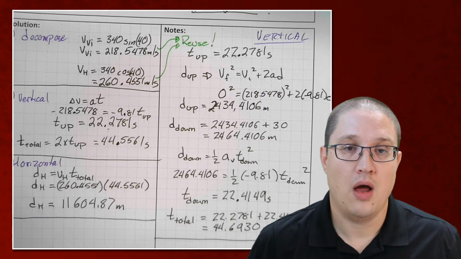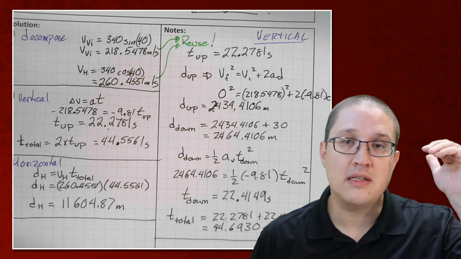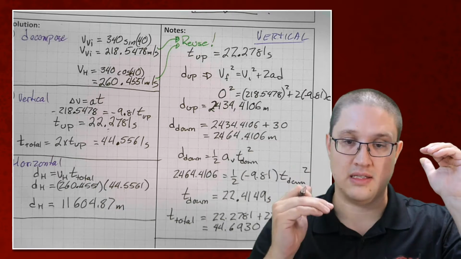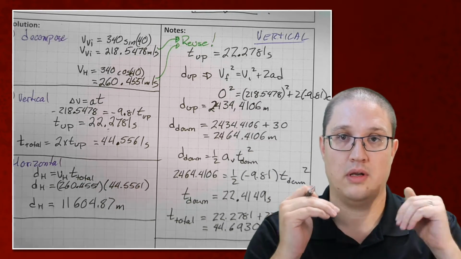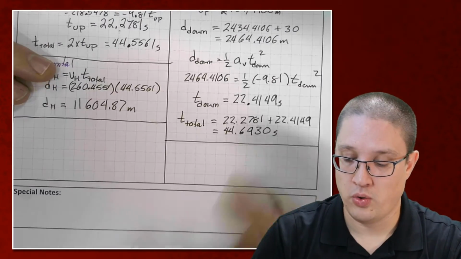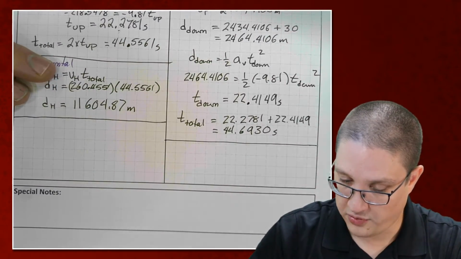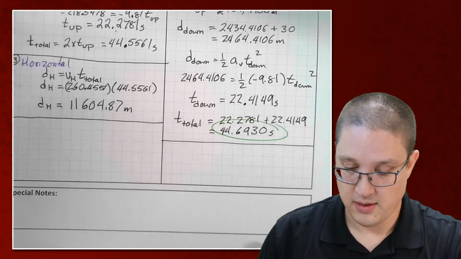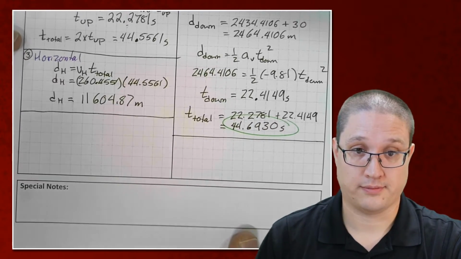I have to do both my time up and my distance up, and my distance down and my time down. And I have to figure out all of those in order to figure out the total time, because this total time here is what we're trying to figure out.